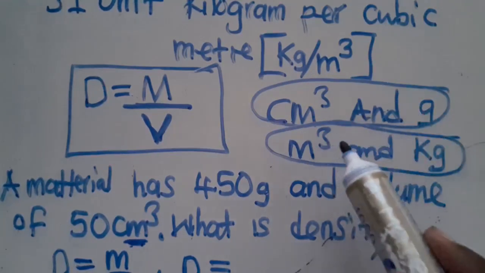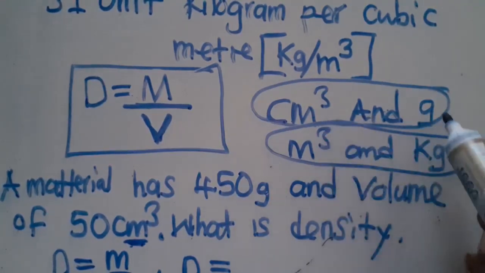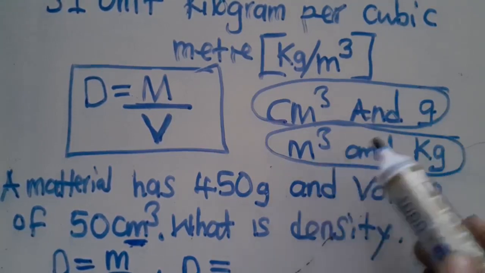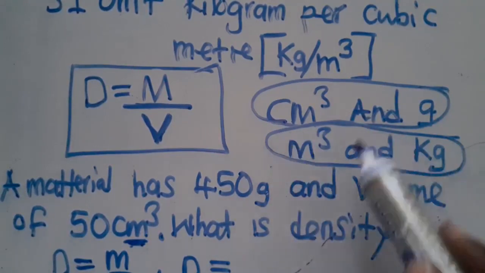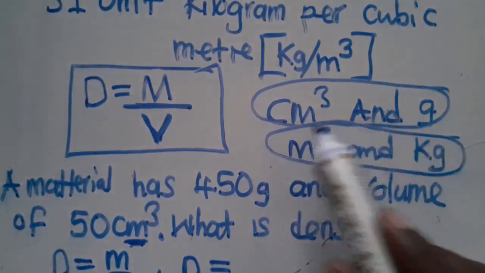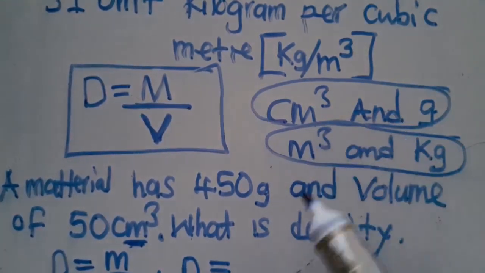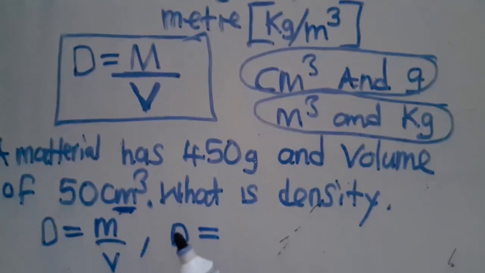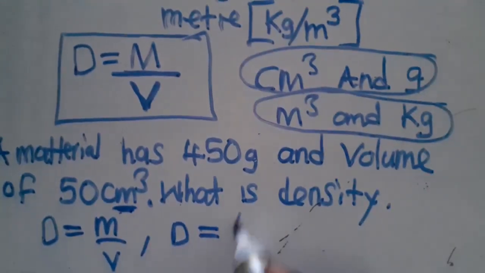But in a case where you've got grams and meter cubed, which is not a pair, you now need to do some conversion. But if they are in a pair like this, just work them out the way they are. So what is your mass? 450 over.